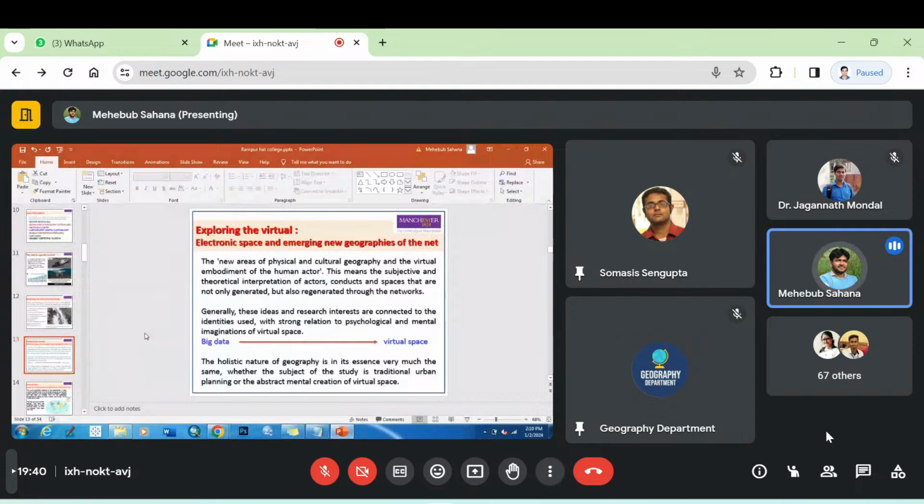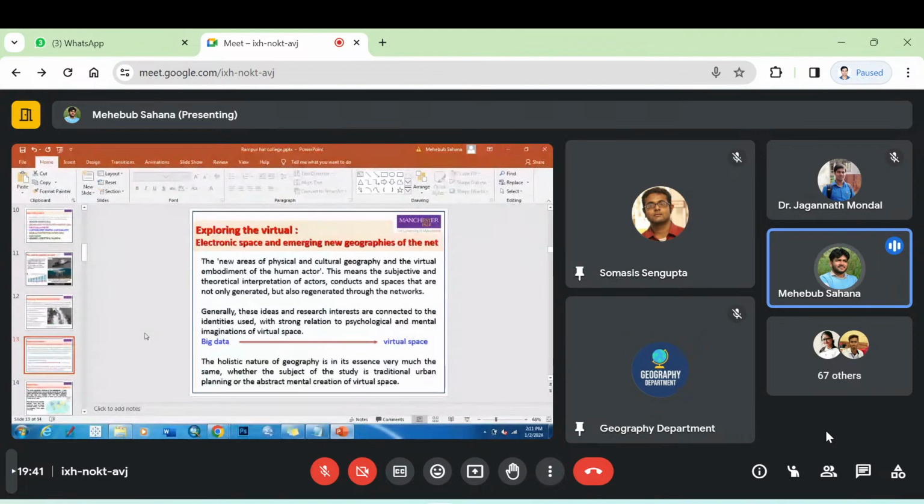In the last few years or two decades, and then the pandemic happened, and then it's a post-pandemic era. How are electronic space and the emerging new geography of the net, like virtual space and big data, contributing to your subject? I'm just giving one example.